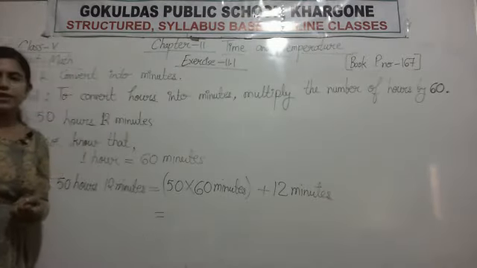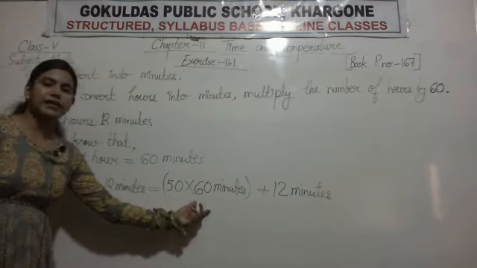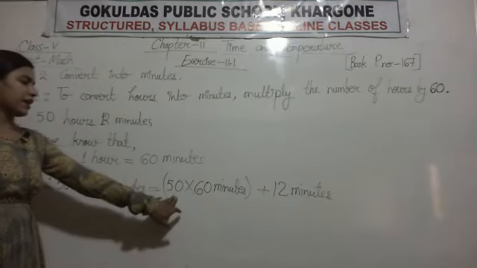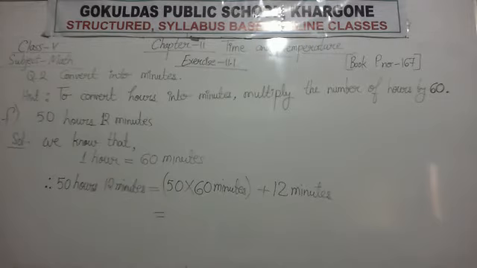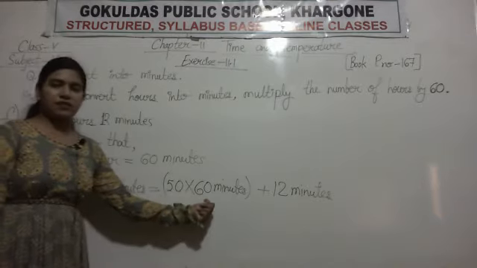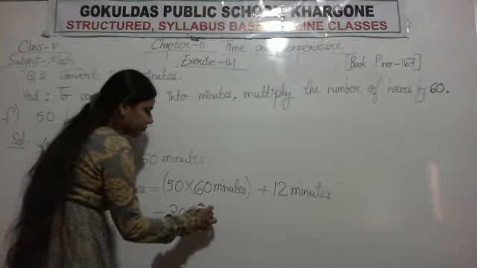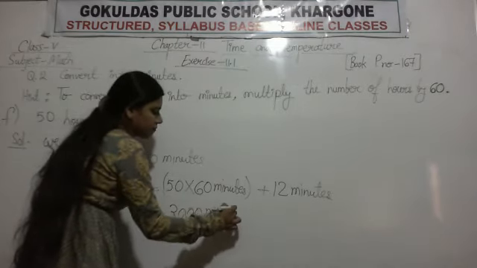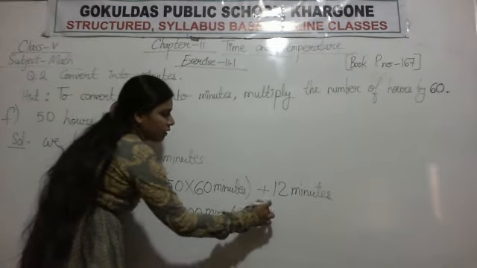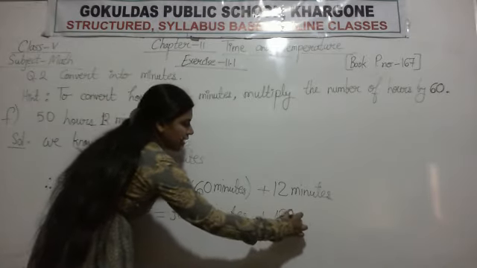Now in the next step, we will solve the bracket, 50 into 60. When we multiply 50 and 60, our result is 3000 minutes. Plus 12 minutes as it is.